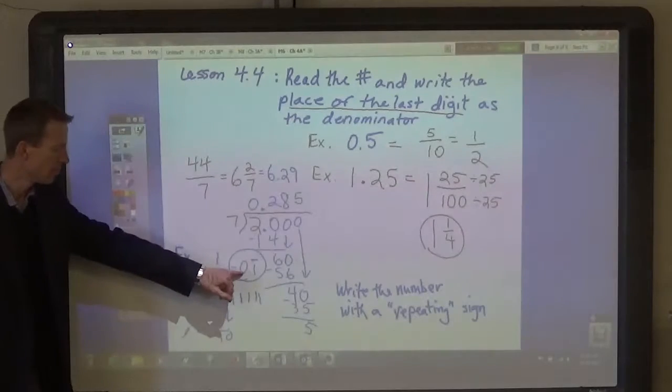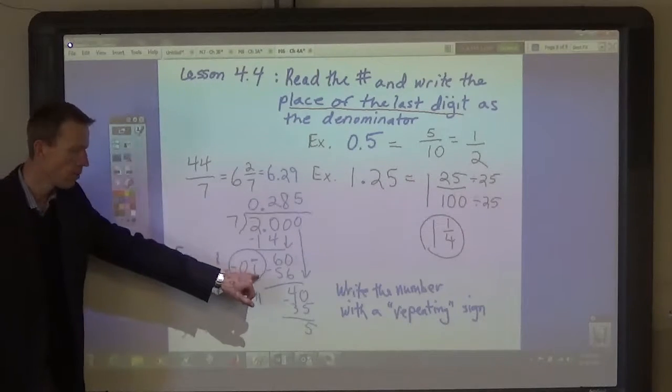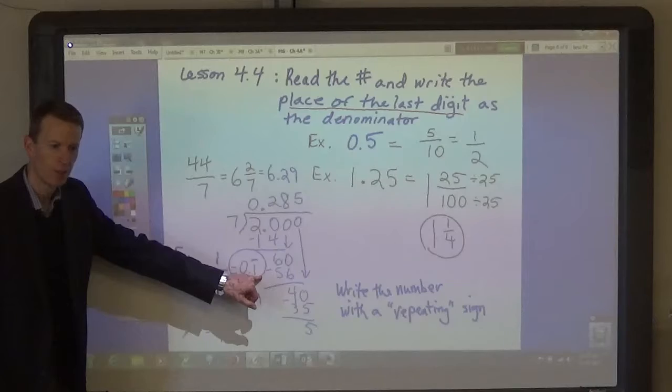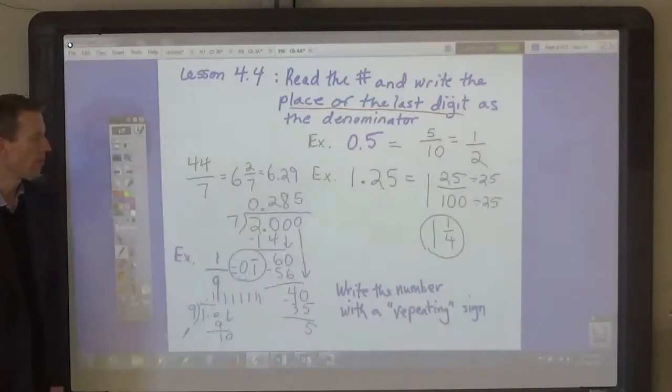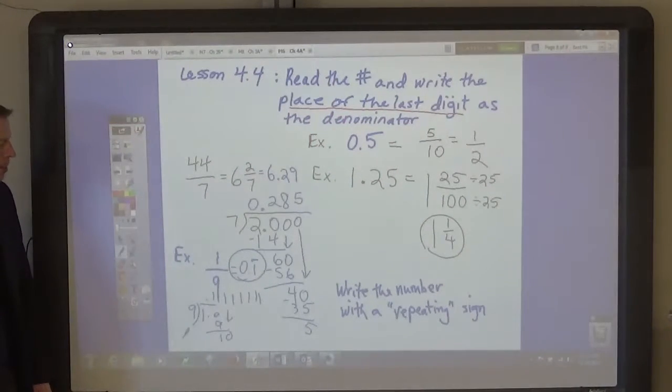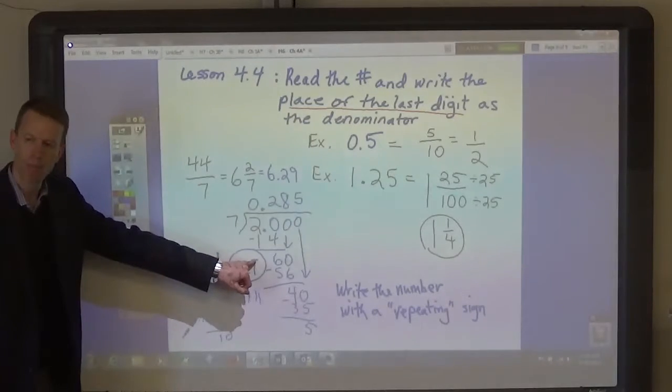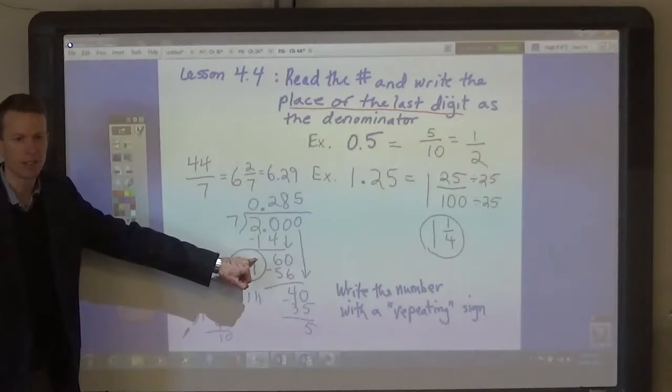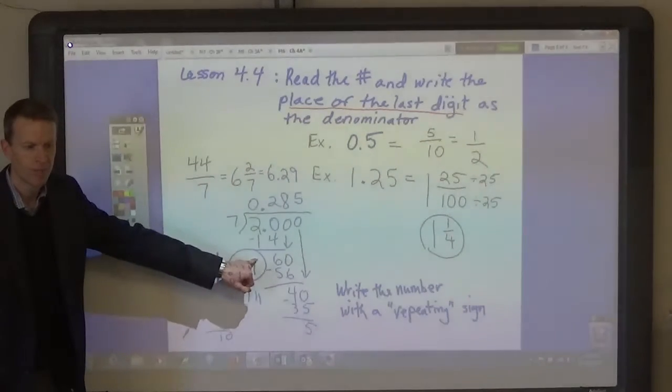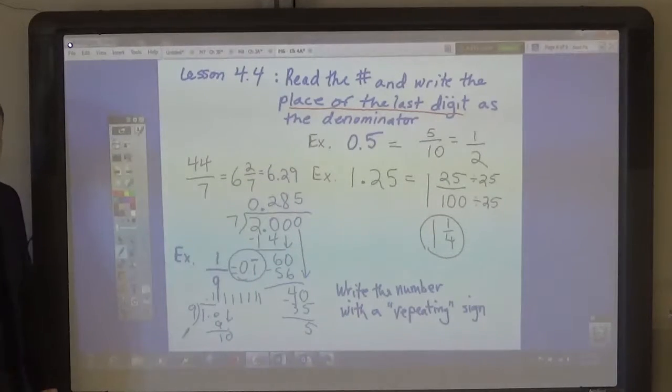And that's the answer. 1/9 equals 0.1 repeating. This bar above the number shows that that number repeats. Any questions on that?